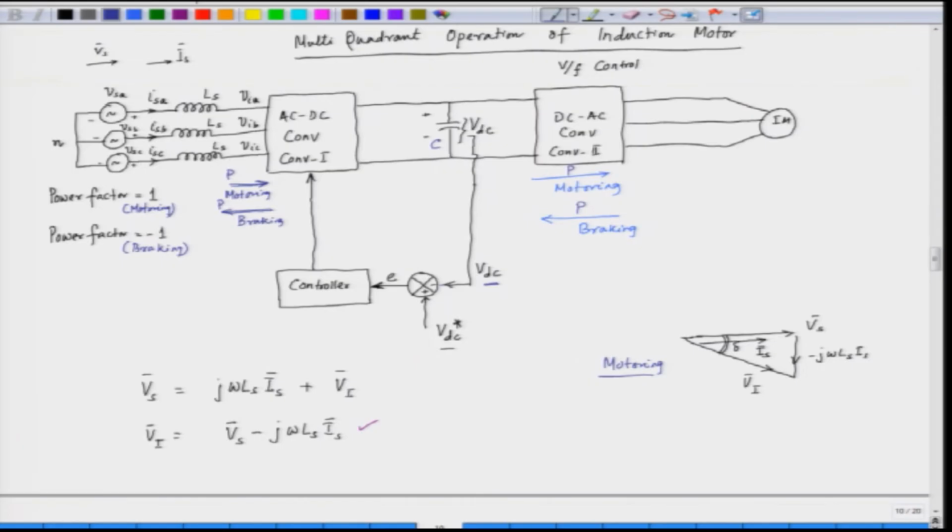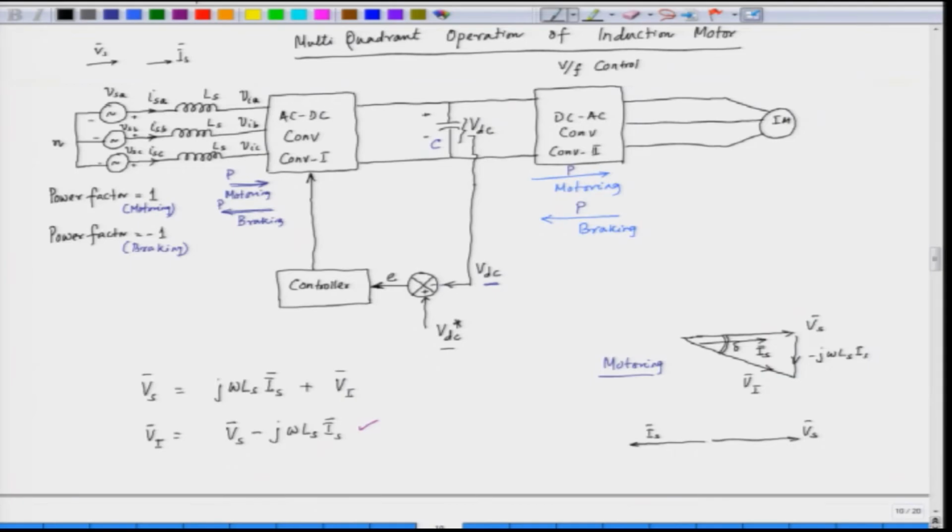So, in this case, we make the power factor minus 1. This is our voltage, and the current should be in opposition with the voltage. This is 180 degrees, and cos 180 degrees is minus 1.